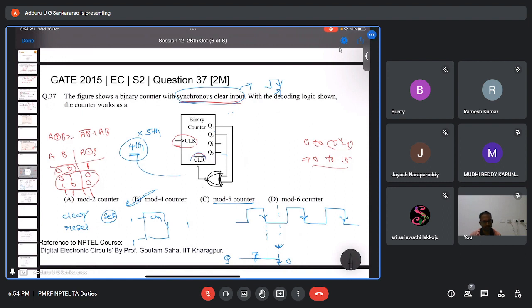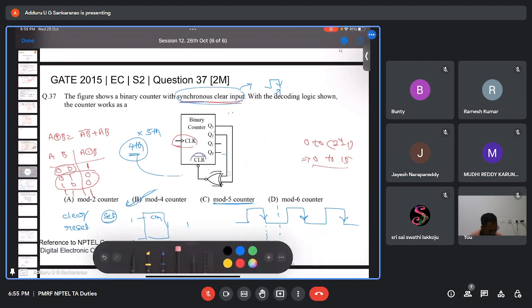So a NAND gate also gives, I think, the same thing. A NAND gate means the output will be 0 when both the inputs are 1.